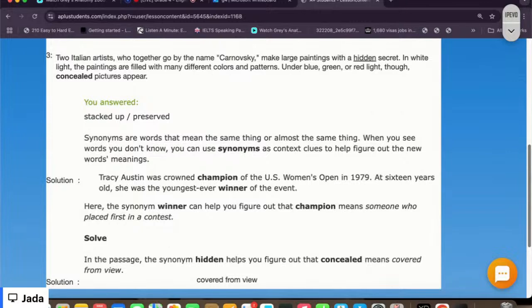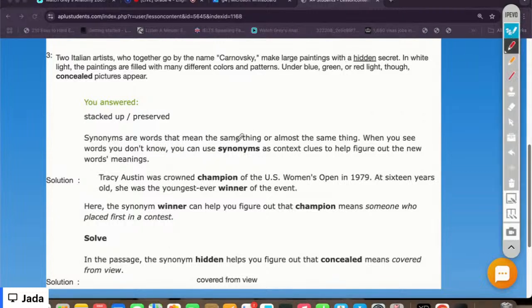So we know that synonyms are words that mean the same thing or almost the same thing. So synonyms are what? They mean the same or almost the same thing. When you see words you don't know, you can use synonyms as context clues to help figure out the new word's meaning.